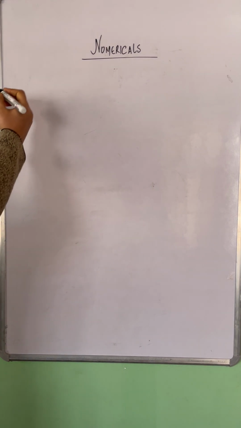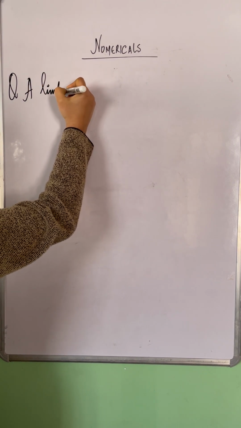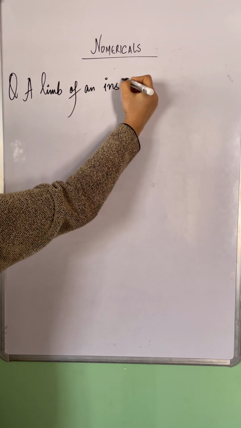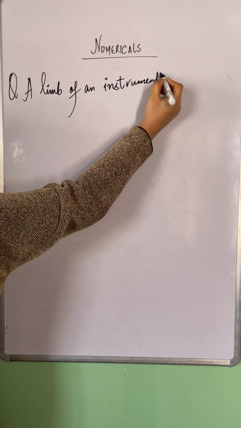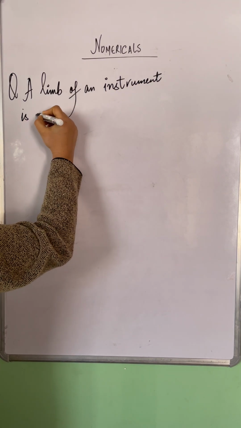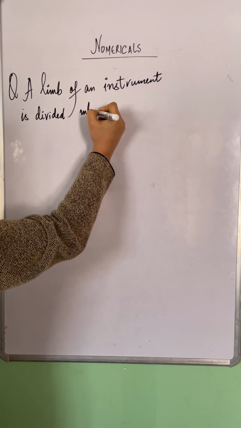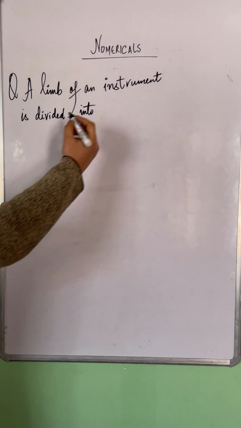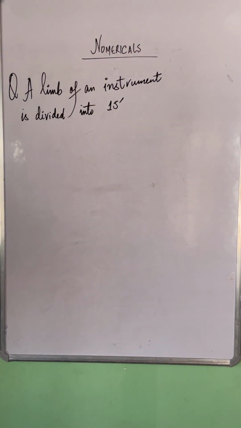...to 15 minutes. The limb of an instrument is divided into 15 minutes. Design a suitable vernier to read 20 seconds.